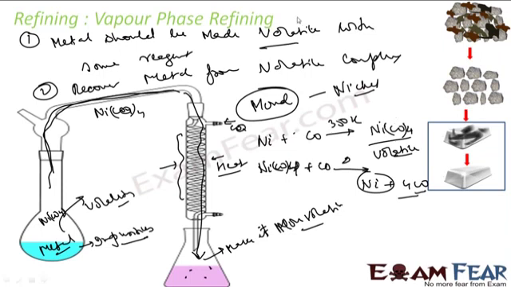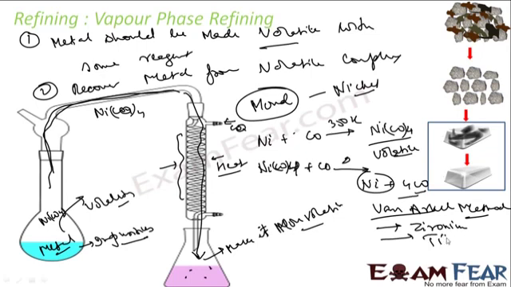Other metals like zirconium or titanium can also be refined using this method. So for that we use something called the Van Arkel method. That is also a vapor refining method, it has just been given the name Van Arkel method in honor of the discoverer. So this is used for zirconium or titanium.